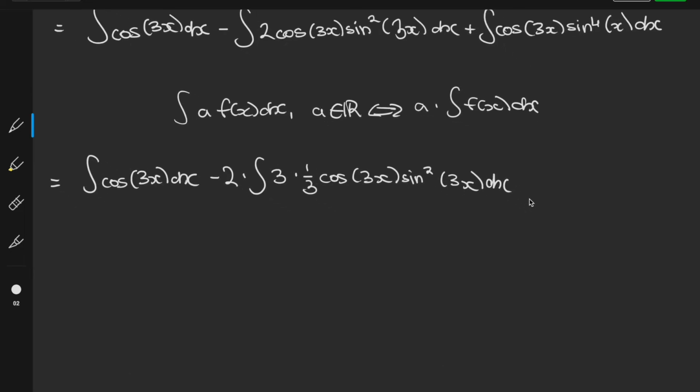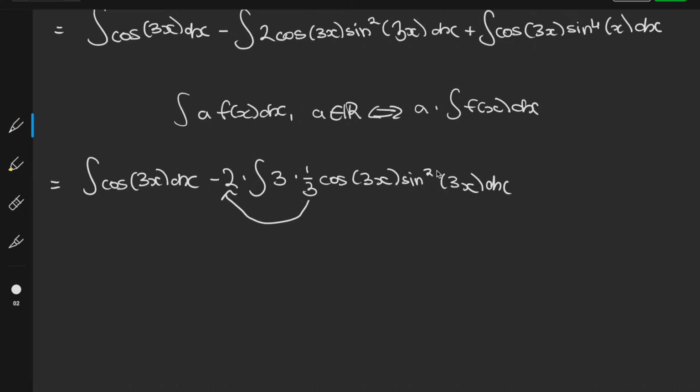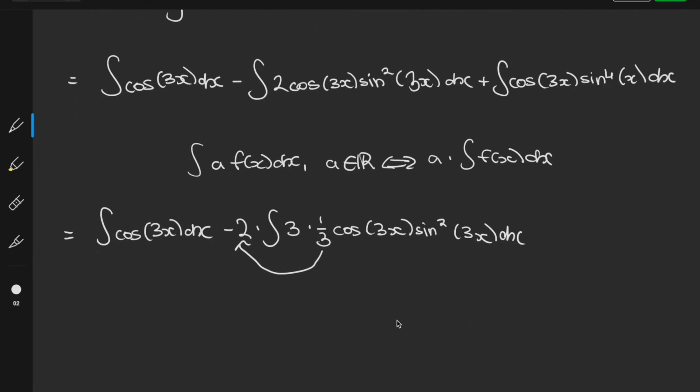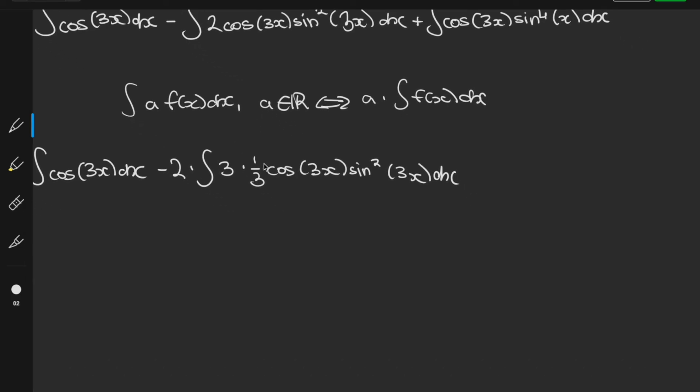Now the reason I've done that is because if we differentiate sine of 3x, we are going to get 3 times the cosine of 3x. And if we take this third out, we're just going to be left with the derivative of sine of 3x. And it's not the derivative of sine squared of 3x, it's just the function that's being raised to that power itself. So we'll get to that on the next line of working, but we're going to do the same thing here.